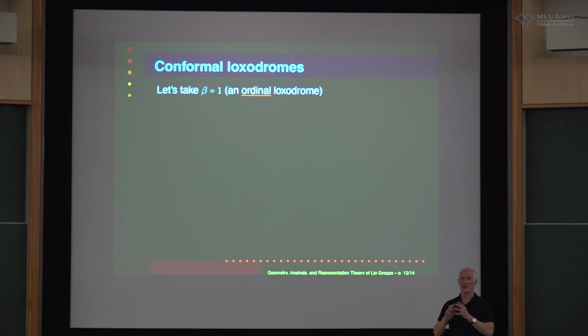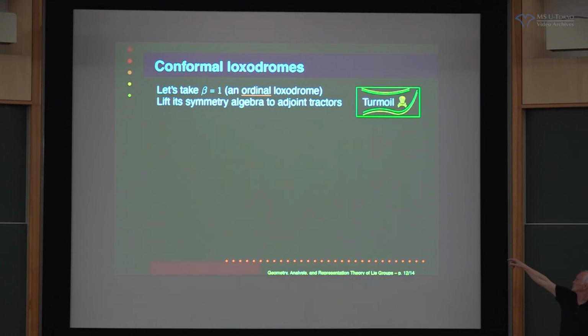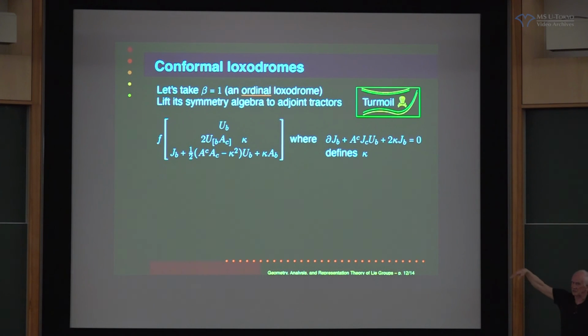These all actually have a classical name. So in the compass, north, south, east, and west are cardinal directions, and halfway in between is called an ordinal direction. After a lot of turmoil, you can work out how to lift the symmetry algebra to the appropriate bundle.